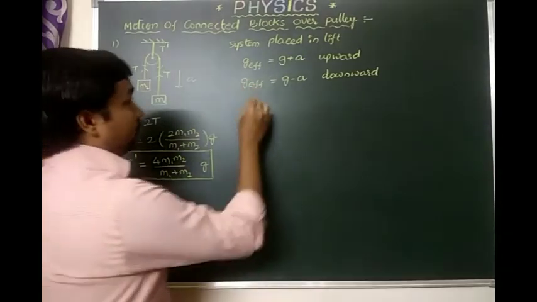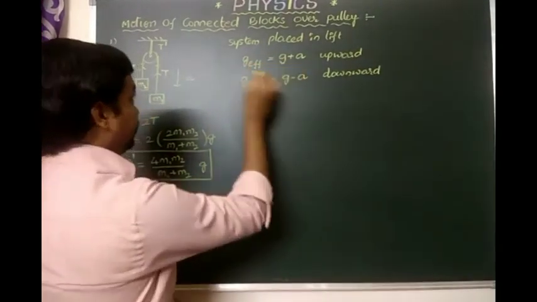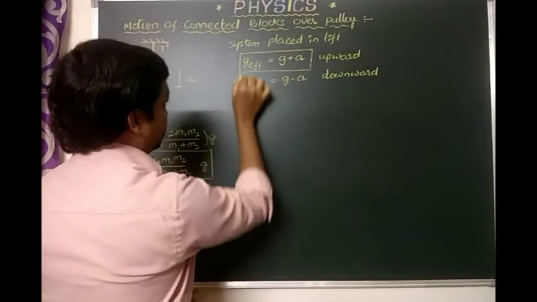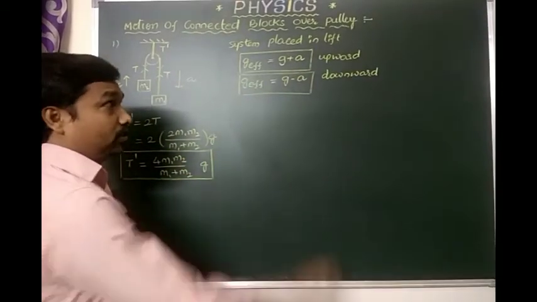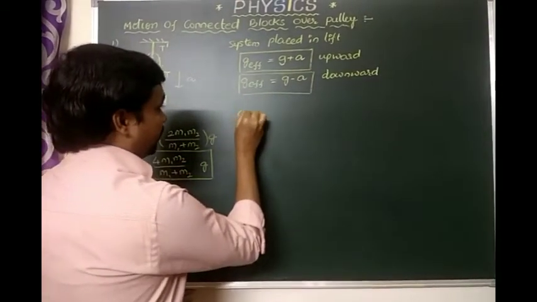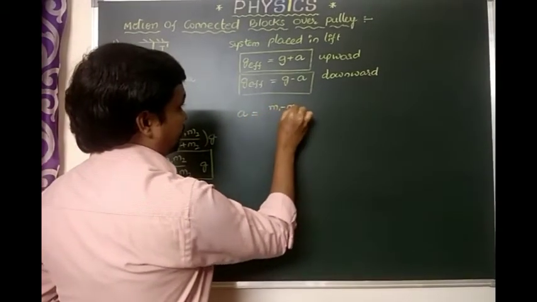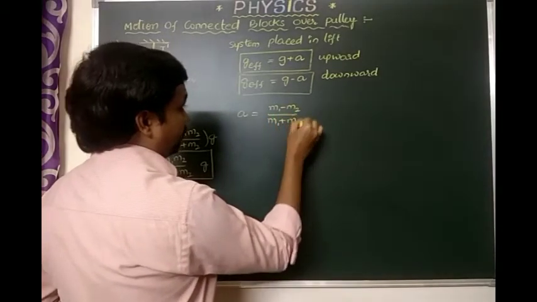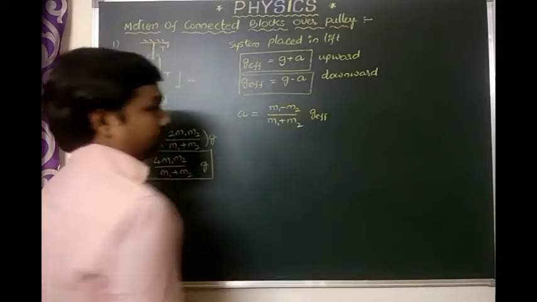Okay, so what happens? Actually, this concept is there in the lift. You can find it: g effective is equal to g plus a when moving upward, and g effective is equal to g minus a when moving downward. Already we got an acceleration, a equals m1 minus m2 divided by m1 plus m2. Instead of g, you need to consider g effective.